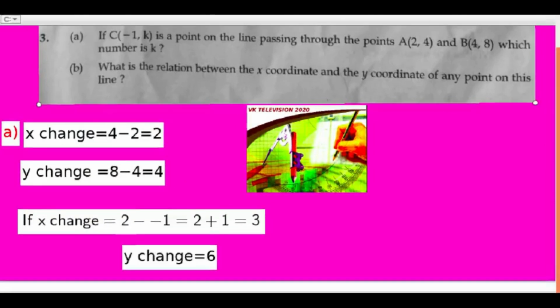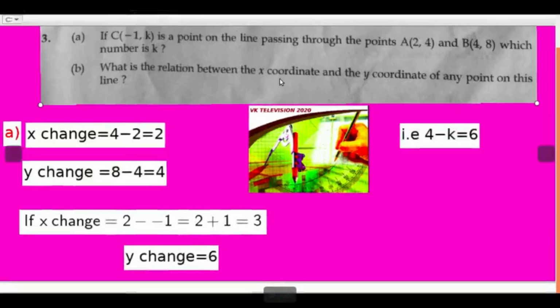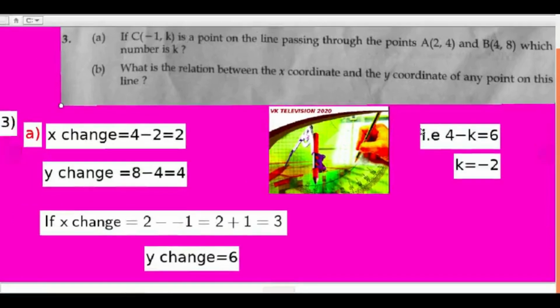So we can say that 4 minus k, that is y change, 4 minus k is equal to 6. Simplify, k is equal to minus 2. After simplifying, we obtain the value of k is equal to minus 2.